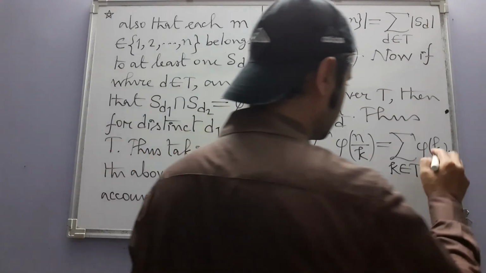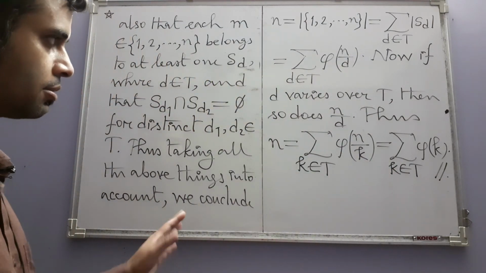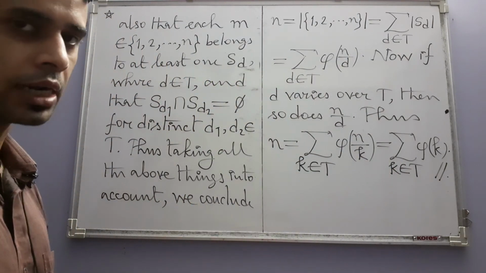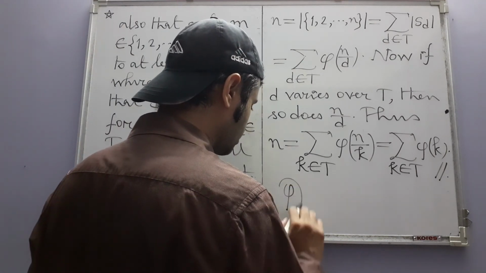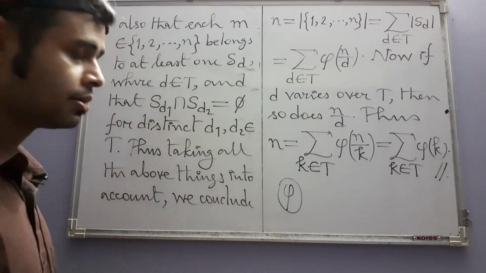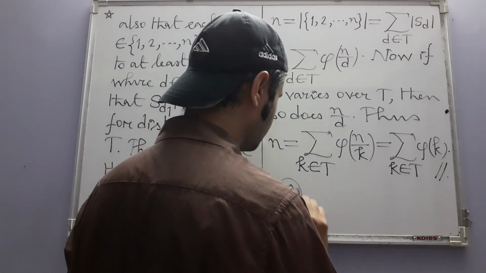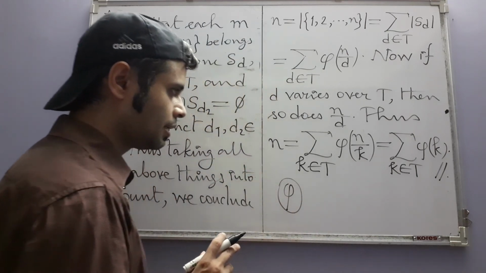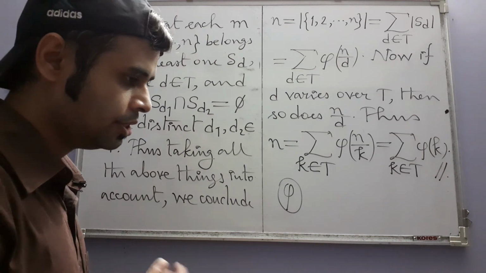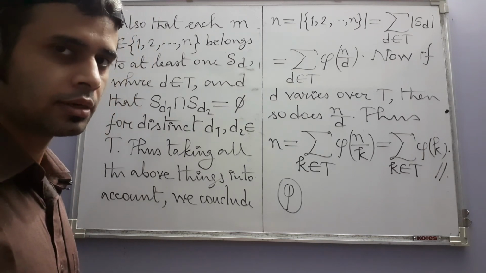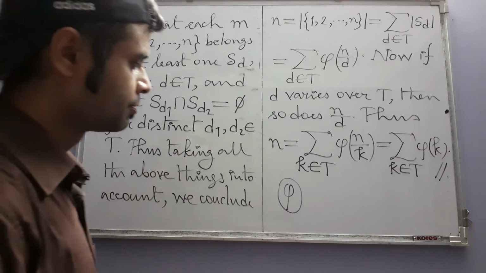There is another way of proving this, completely different from this strategy, which uses the fact that Euler's phi function is a multiplicative function, and it also uses the fundamental theorem of arithmetic, which says that every positive integer greater than 1 has a unique factorization as a product of prime powers.